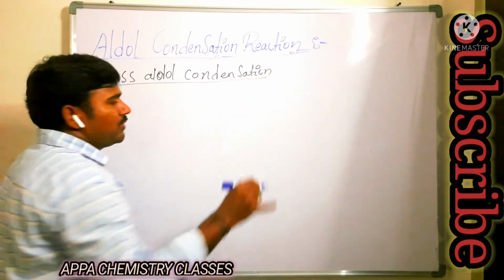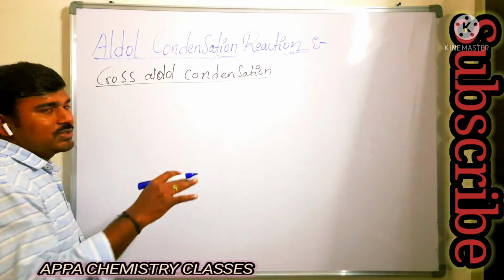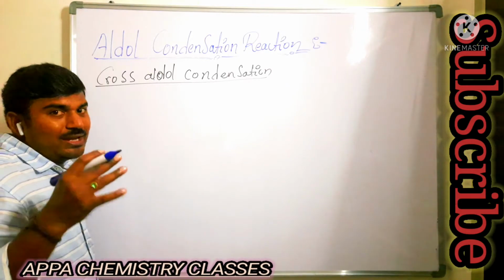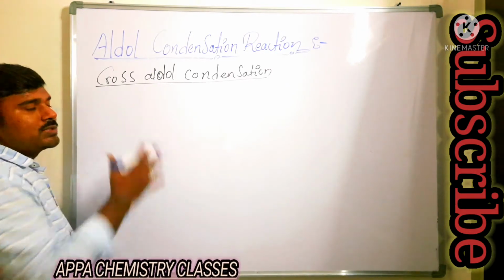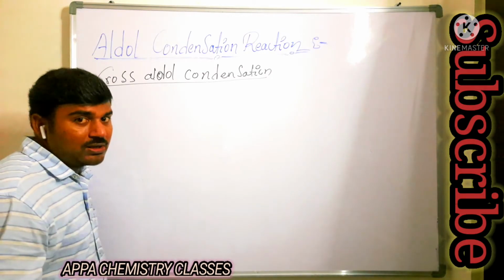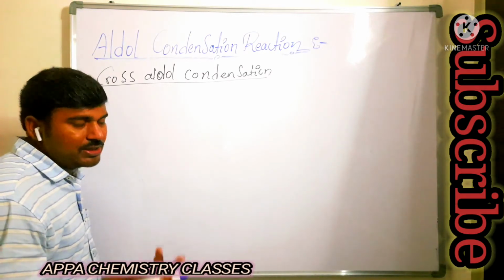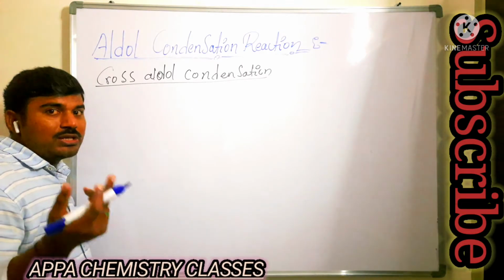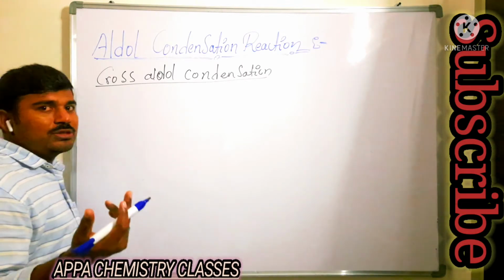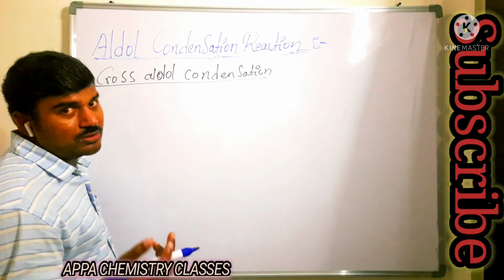Before this, in aldol condensation, we only took the same type of aldehydes or ketones. Here in cross aldol condensation we are taking different aldehydes or ketones. Different aldehydes and ketones having at least one alpha hydrogen will react with base and form water.